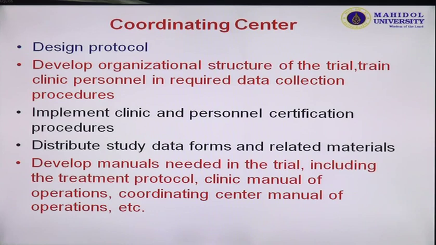Now, design the protocol. I assume that you have designed the protocol, okay, and good. And now, when you have the protocol, you should organize who should be included in the team. Like I mentioned, you have a big protocol, for example, you are having a new vaccine, for example, the cervical cancer vaccine.